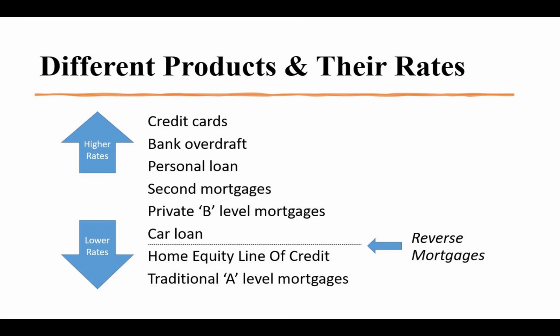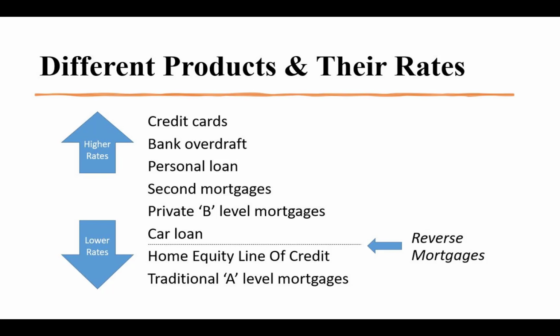I created this little graphic, and I'll put a link to where you can see it in the information below this video. Essentially, this is where reverse mortgage rates fit in compared to all the different products that are available to lend money. So they're generally between a car loan and a home equity line of credit, sometimes actually lower than a home equity line of credit as they are right now while I'm making this video, but they're never going to be as low as a traditional A-level mortgage because you're making monthly payments and you're qualified for it as well.